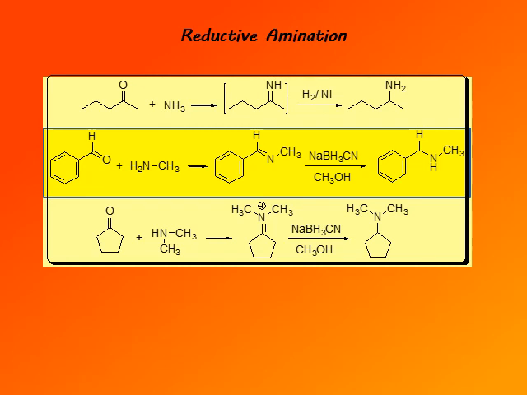Recall when we covered sodium borohydride reductions, after the first step, when the methoxy ion ends up attached to boron, we end up with a methoxyborohydride anion, that's less reactive than the borohydride anion itself because of the electron withdrawing substituent. So we have prepared a reagent like that to use in reductive amination. Just instead of methoxy, we use a cyano substituent.